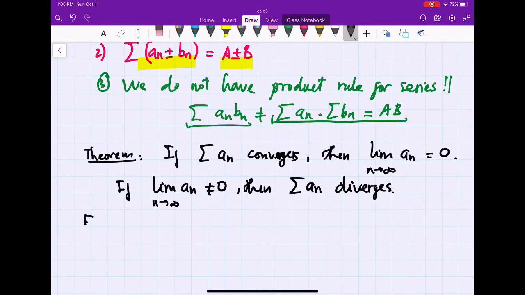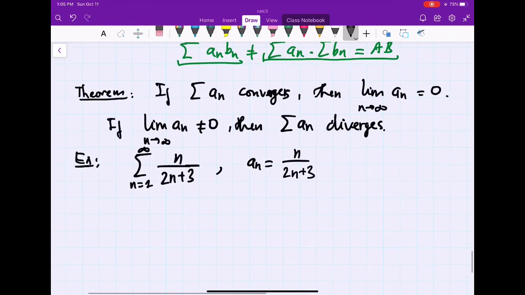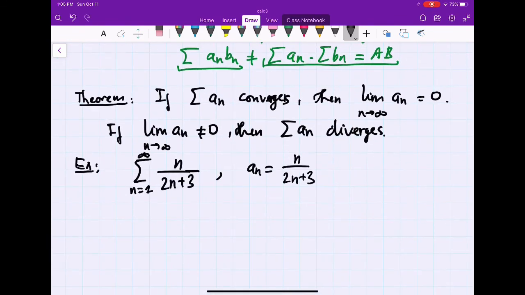Let's consider a couple of examples. Let's say the series of n over 2n plus 3, from 1 to infinity. The general term of this series is n over 2n plus 3. And you can see that the general term has limit equal to 1 over 2.